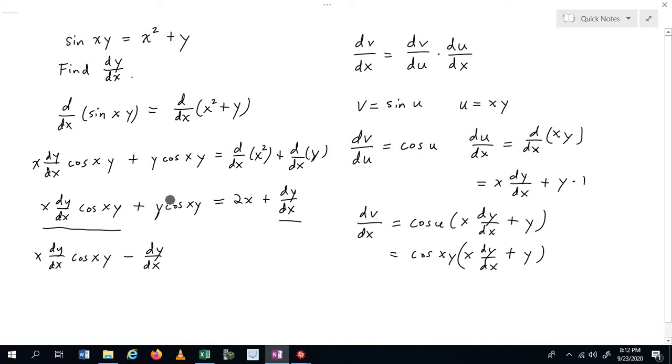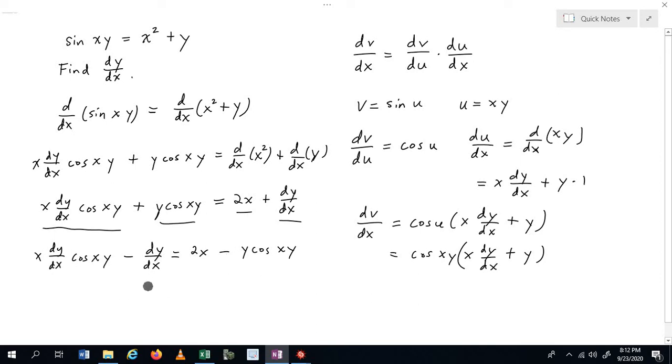Of course, that would be this term here and this term here. So I'm going to subtract this one to the right-hand side. Now I've separated them: the terms that have dy/dx in them are on the left side, and the terms that don't have a dy/dx in them are on the right-hand side.